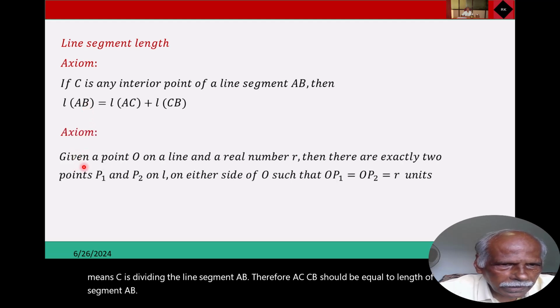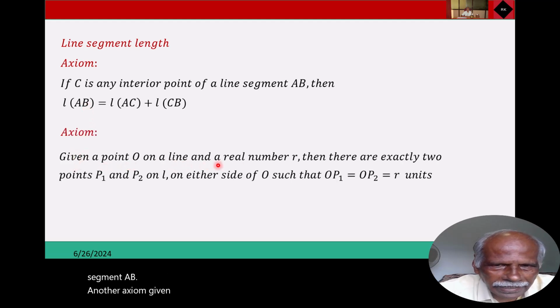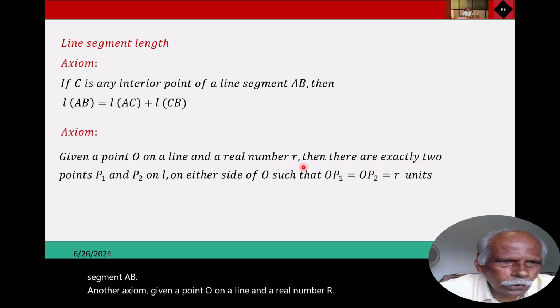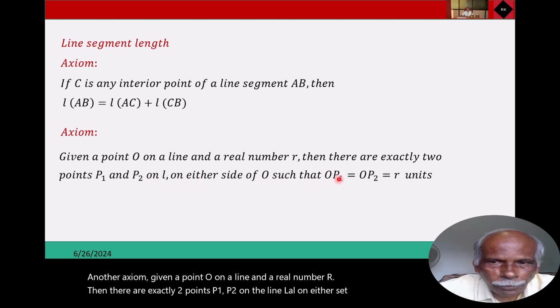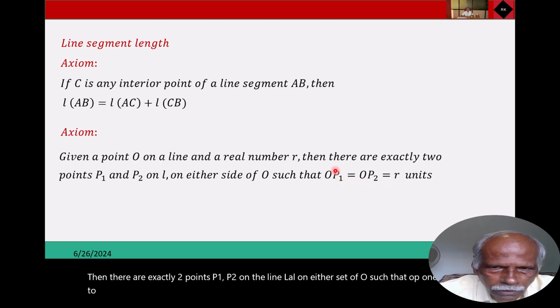Another axiom. Given a point O on a line and a real number R, then there are exactly 2 points P1, P2 on the line L on either side of O such that OP1 is equal to OP2 is equal to R units. I will show it to you here.